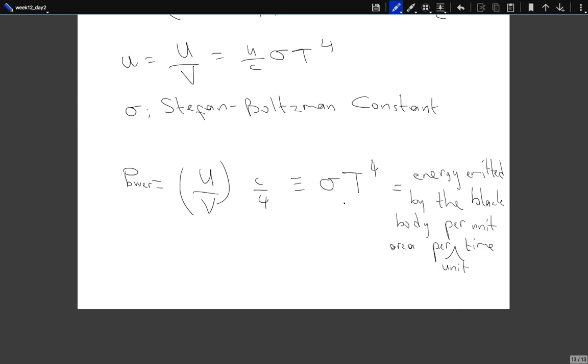Well, I should repeat, this law is a property of the hole, of the black body, which is the hole. So since its properties are universal, independent of how you create the black body, this should be the same for all black bodies. For example, you can apply this black body law to the sun, the radiation emitted by the sun. The surface of the sun is an almost perfect black body.